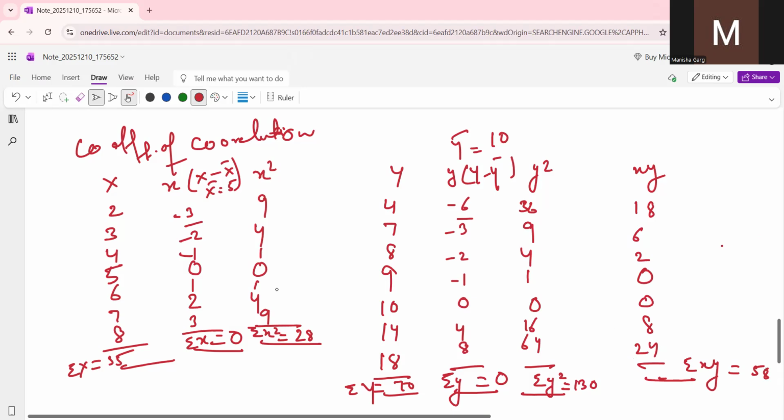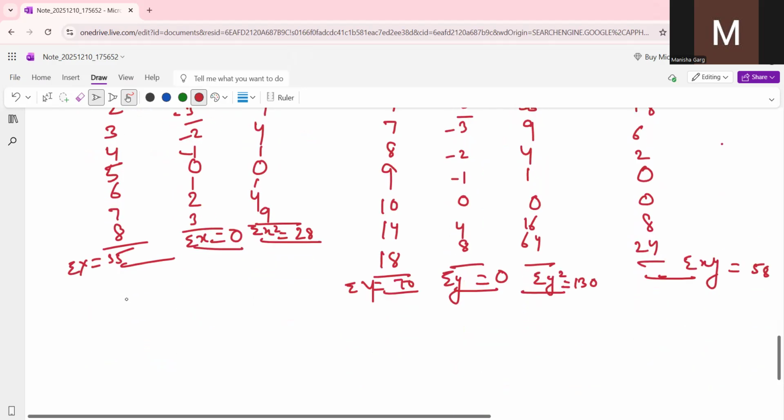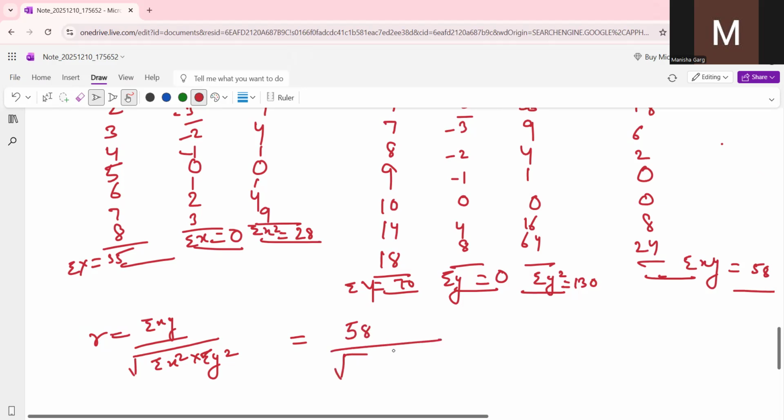We will put this data into the formula. Let's rewrite the formula. Correlation is equal to summation of xy divided by under root summation of x squared multiply summation of y squared. Let's put all these values. First is summation of x and y, this is 58. 58 divided by under root summation of x square. The summation of x square is 28.